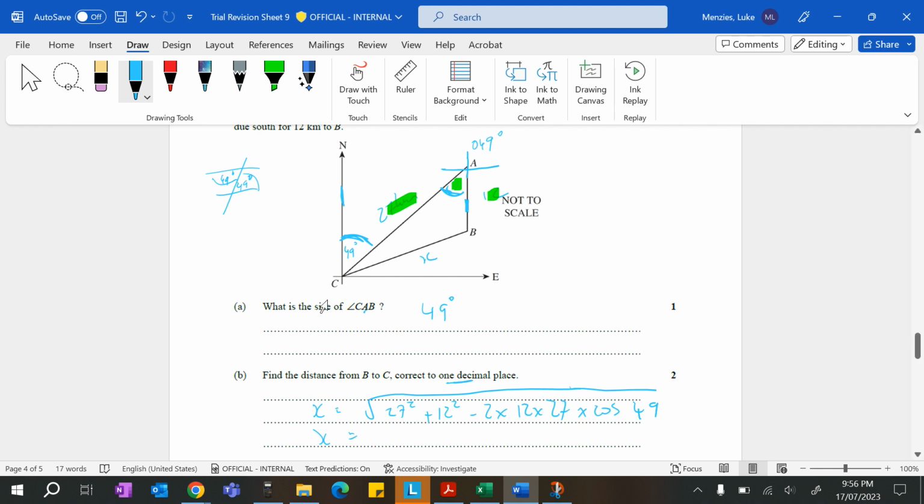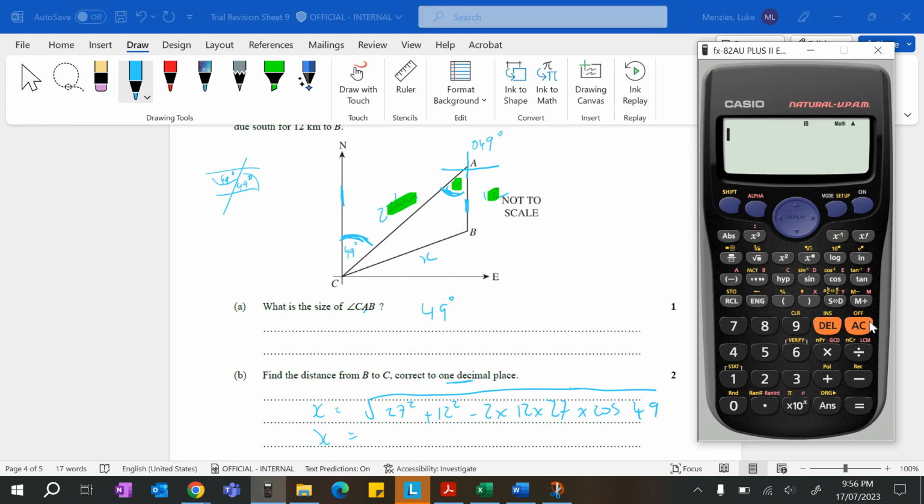Again, I'm not spending as much time on the cos one because we have done that in a previous episode. It's more a bit of revision than anything. 27 squared plus 12 squared minus 2 times 12 times 27 times cos 49.